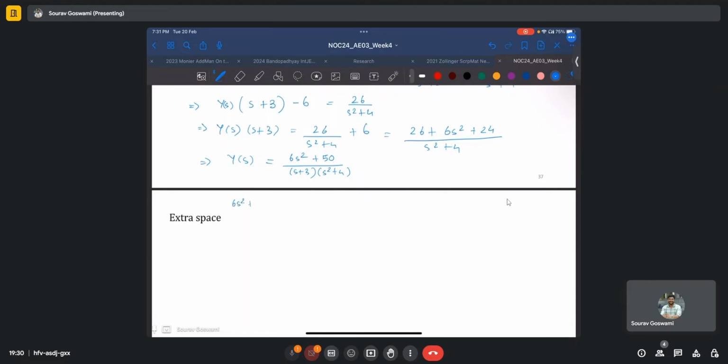So 6s square plus 50 by s plus 3 into s square plus 4 can be broken into a partial fraction of the type A by s plus 3 plus, since this has a quadratic form, the numerator will be linear, so Bs plus C. A can be computed straight away at s equals minus 3.